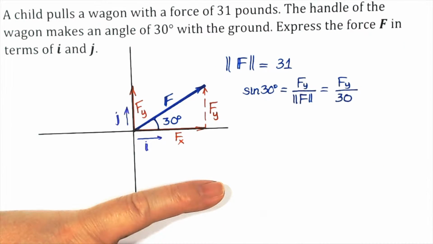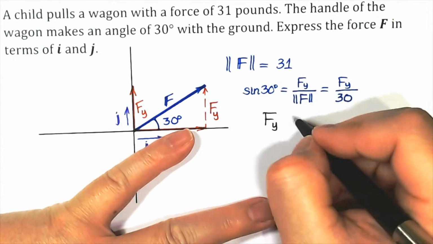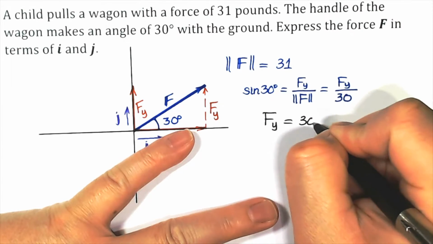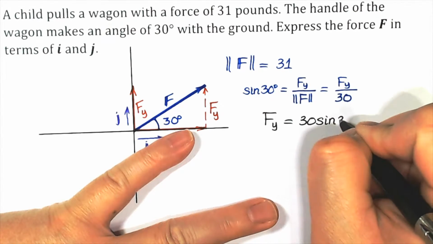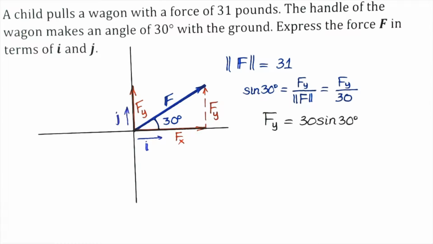And multiply 30 on this side, so the vector in the y component is going to be equal to 30 times sine of 30 degrees. Sine of 30 degrees is 1/2.